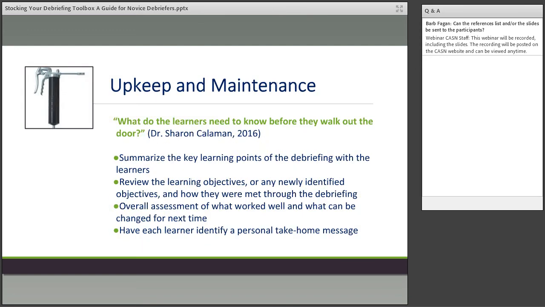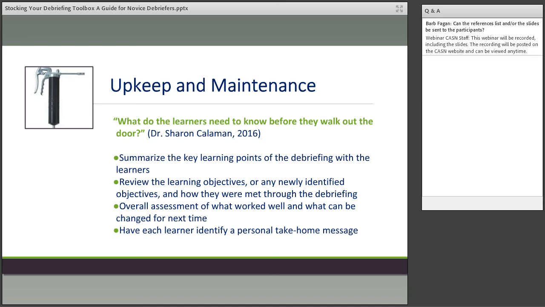Now, upkeep and maintenance. And I want this to go two ways: the upkeep and maintenance for the learning the students have had, and the upkeep and maintenance for you and your skills as a debriefer. What do the learners need to know? This is from one of my instructors at Drexel, and I love it: what do the learners need to know before they walk out the door? Before you let that group of students go from your debriefing area, what is it ultimately you want them to know?